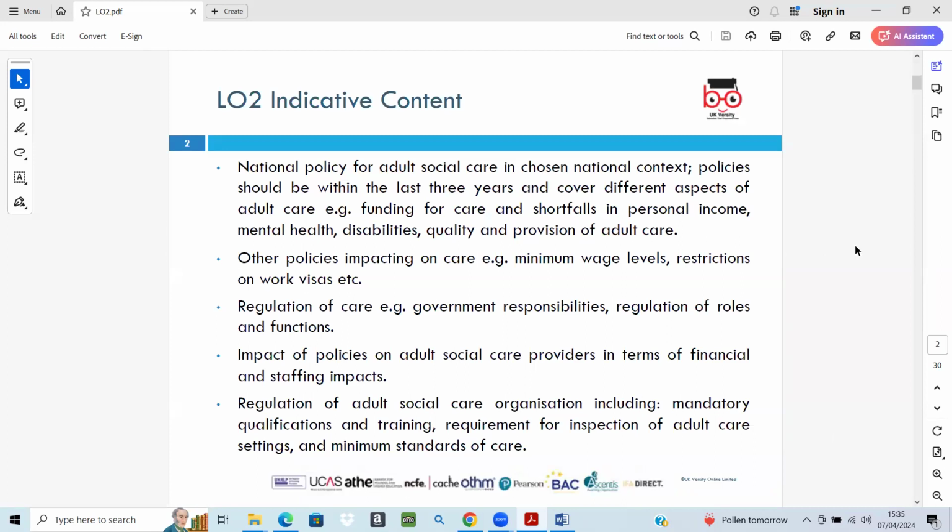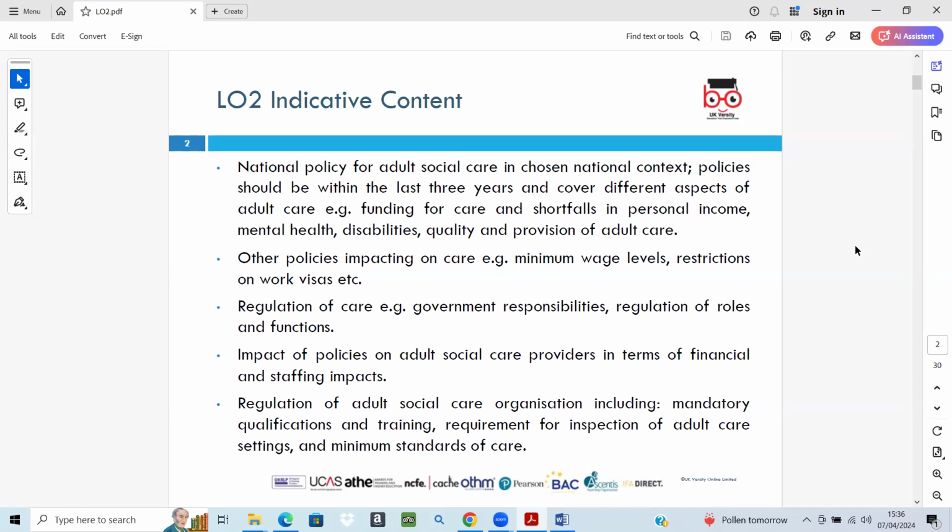Now we have learning outcome 2, the indicative content. This content is necessary for the students to understand national policy for adult social care, and the national policy should be within the last 3 years and cover different areas: income, mental health, disability, equality.